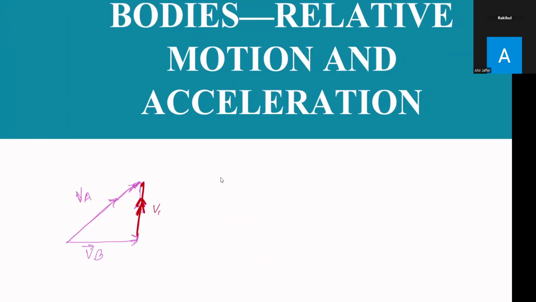From the vector relation, you can say that VB plus VBA equals VA. Am I right?